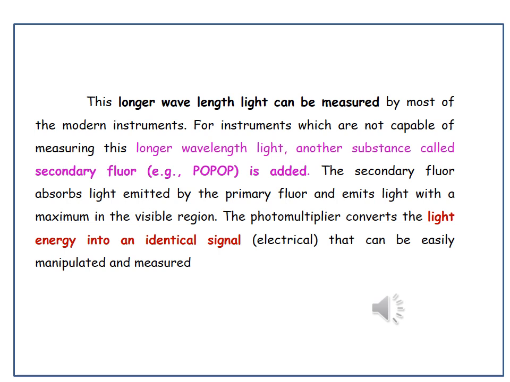For instruments which are not capable of measuring this longer wavelength light, another substance called secondary fluor is added. The secondary fluor absorbs light emitted by the primary fluor and emits light with a maximum in the visible region. The photomultiplier converts the light energy into an electrical signal that can be easily manipulated and measured.